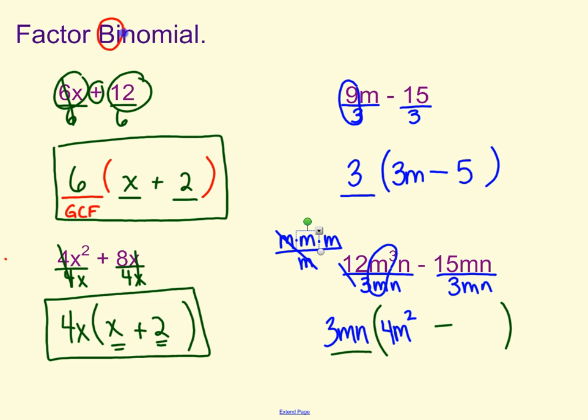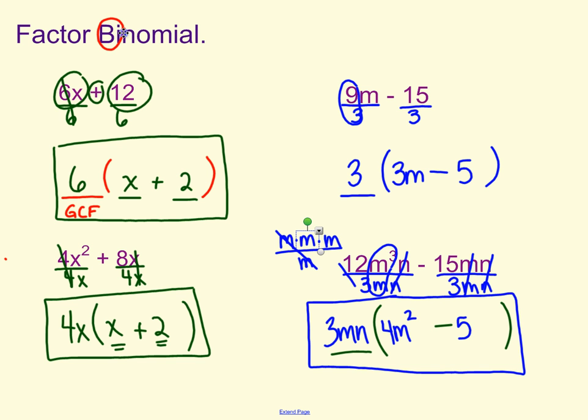And then n divided by n, those just cancel each other out. Minus 15 divided by 3 is 5. Your m's cancel and your n's cancel. So that's what we have for this one. And I know that one's a little bit trickier, but I just wanted to go ahead and show that in case you come across that.